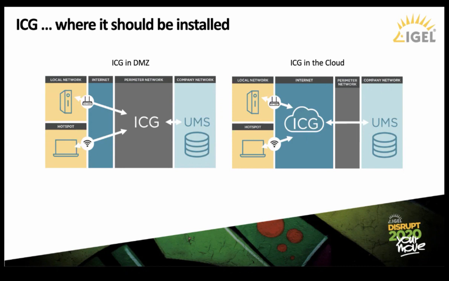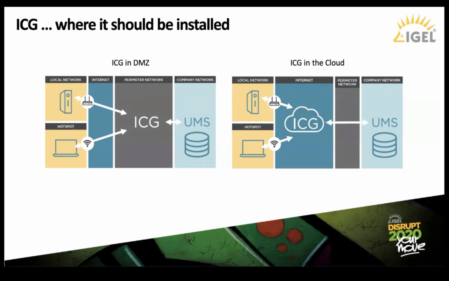Udo, I have a question about that. Can I install the ICG also in the company network directly? Okay, so you mean in the LAN, not in a perimeter network? Yeah. So technically, yes, of course, but that wouldn't make any sense regarding security, because of course the UMS has to talk to the endpoints.